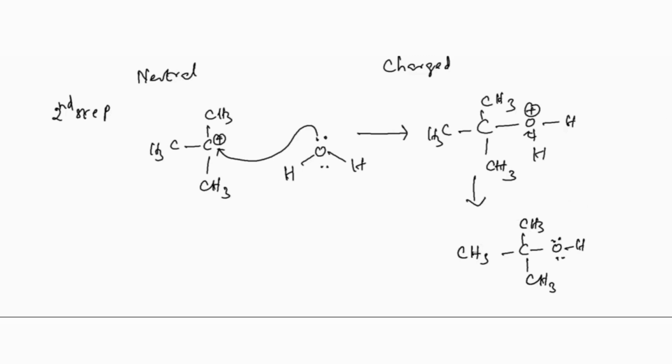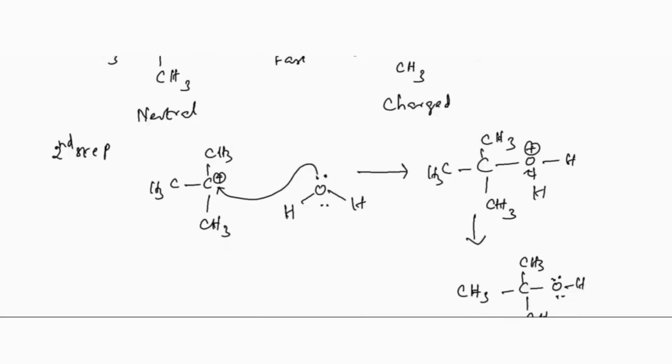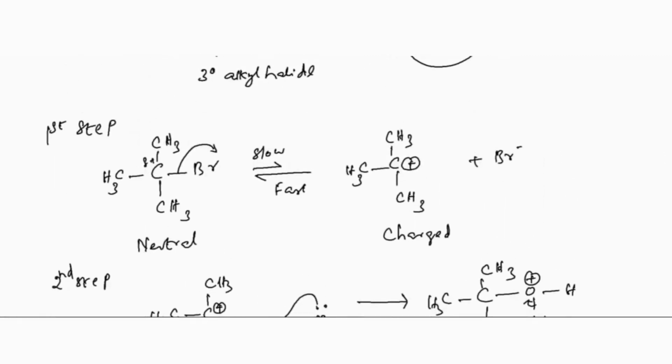Now you see, the first step is that the carbocation is formed. In the second step, the carbocation is attacked by the nucleophile. Here we generally use a weak or neutral nucleophile, and we will discuss why a weak or neutral nucleophile is used in the factors affecting the rate of the SN1 reaction. Now, the first step is the rate determining step.